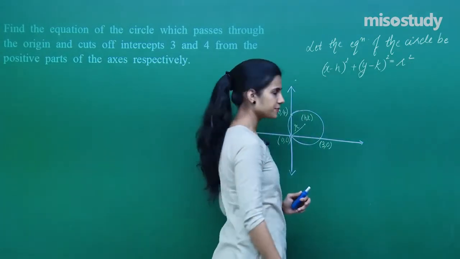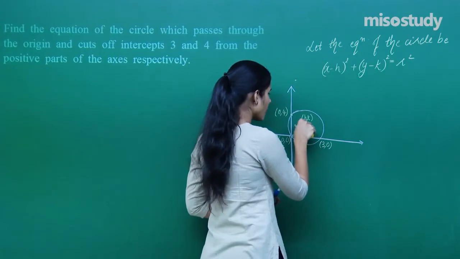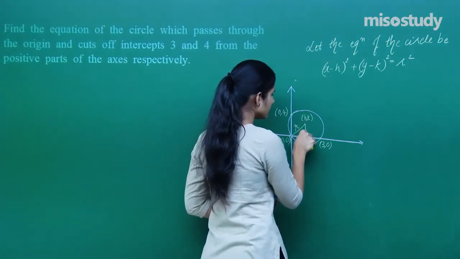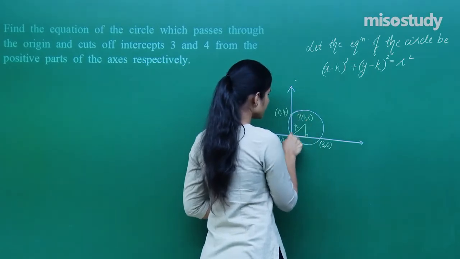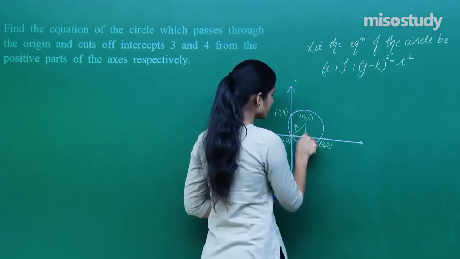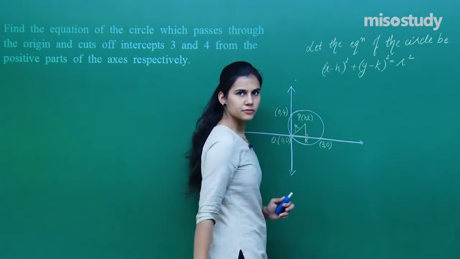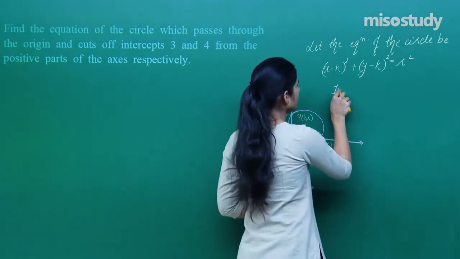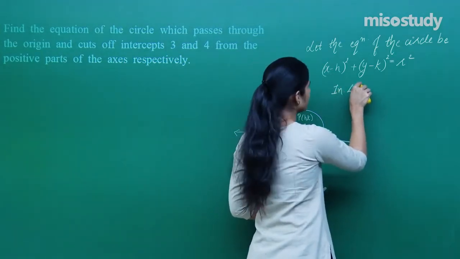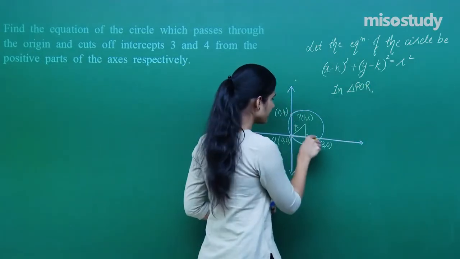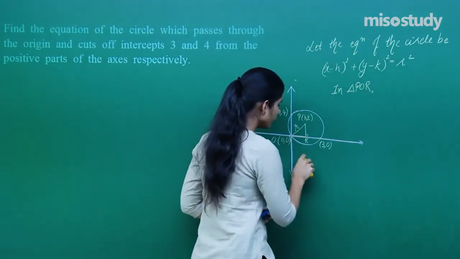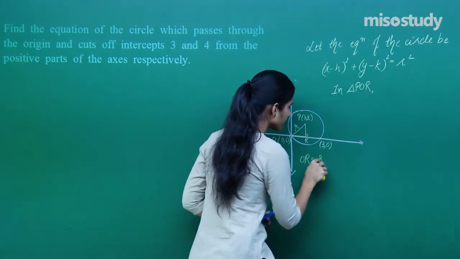that is the radius. Now if this is r, drop a perpendicular here and talk about this triangle. So this point is P, this point is O, and say this point is R. In right angle triangle POR, what are you getting? Obviously if this complete is 3, OR is half of 3.